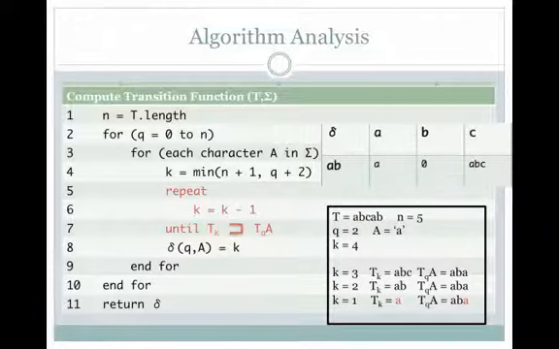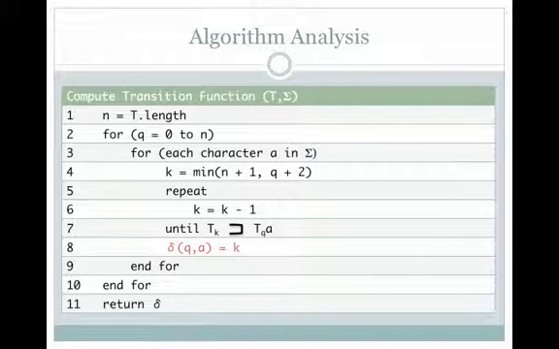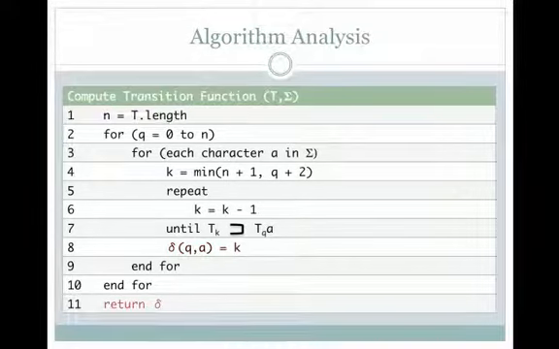As we can see, given our state transition table from before, given q equals 2, or in other words being in the state AB, given the input character a, we'll move to t1, or in other words the state A. The value of k is calculated for every letter in the finite alphabet and for every state. This allows us to produce a complete and functioning transition function for the automata.